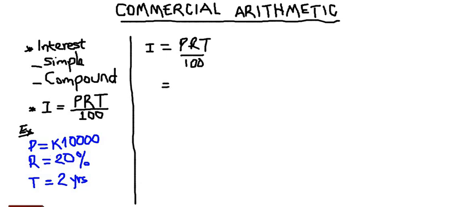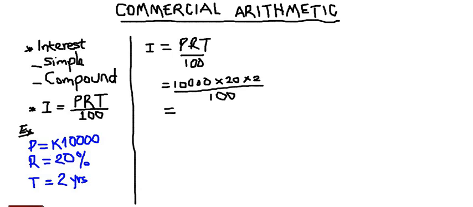So we substitute the values. Principal is 10,000 times the rate, which is 20%, times the period of borrowing, which is 2 years, over 100.